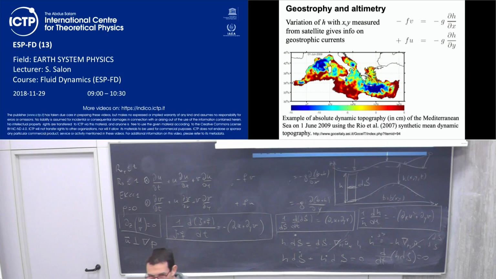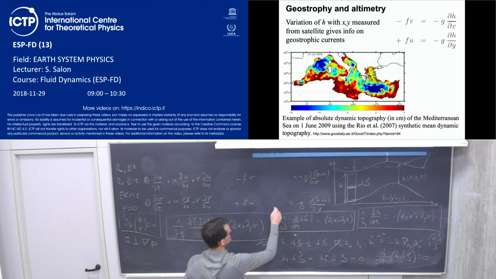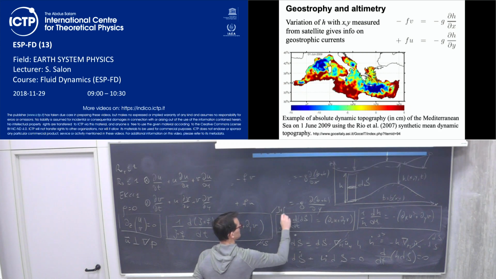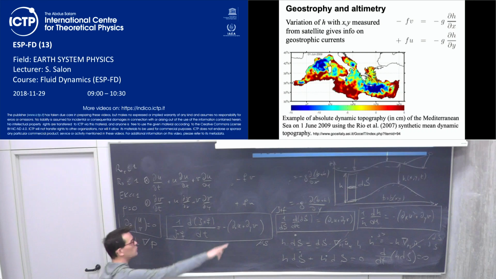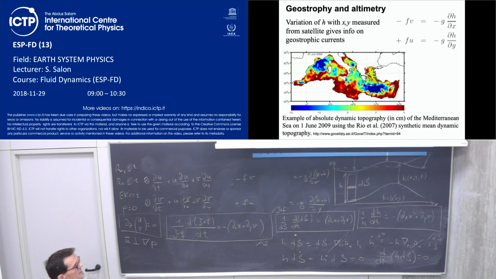So all of this can tell us that the volume of our fluid column is conserved, which is something that we are very happy about. If we do something similar, multiplying by the quantity which is not present with this and this, so we will multiply this by ds and this by the total vorticity, what we will obtain in this case will be something similar.